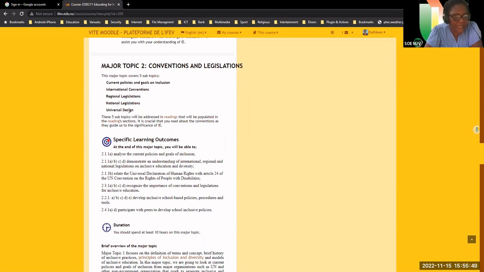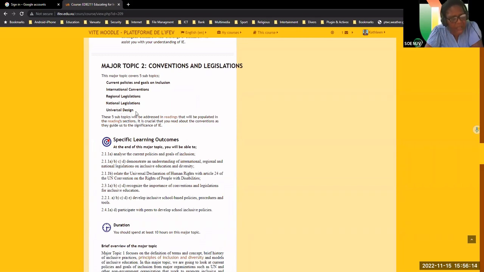The universal design is something, or I don't know how we would say that, but universal design allows for everybody to have something in common. So UDL is an acronym for universal design.